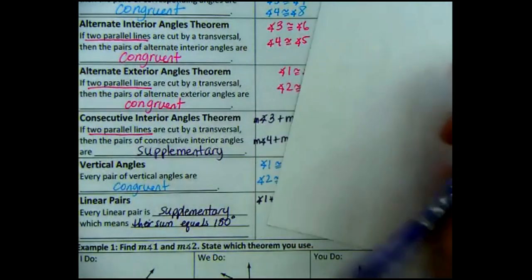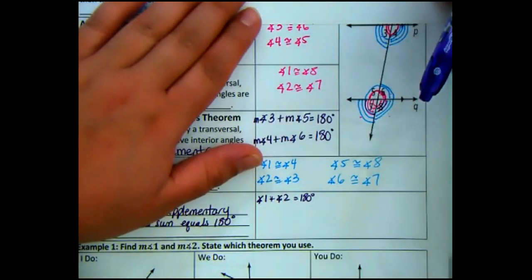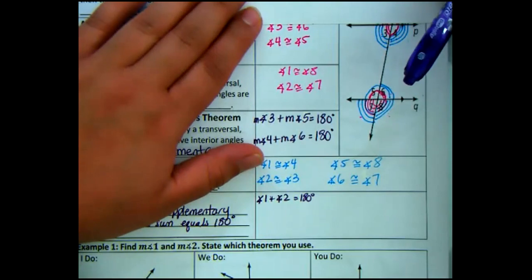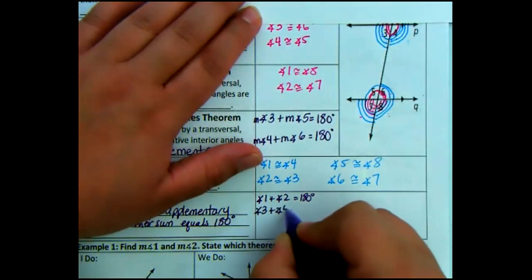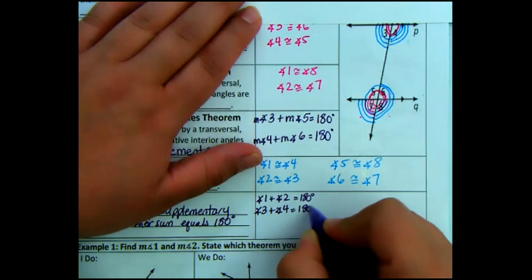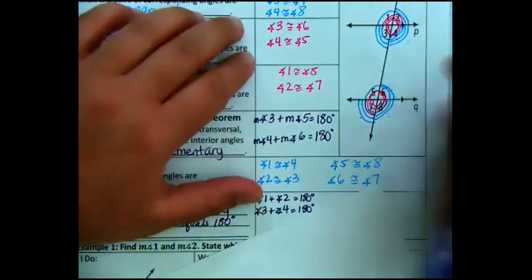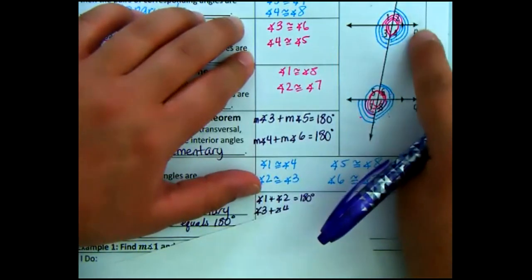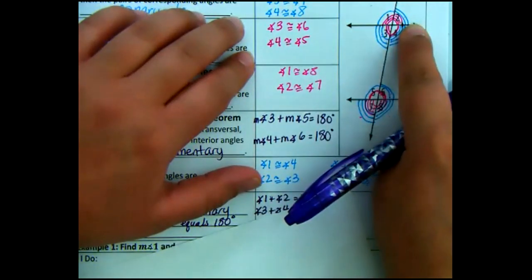It also means that down here, angle 3 and angle 4 are a linear pair. So angle 3 plus angle 4 is equal to 180 degrees. But that's not the only line. Line P here is not the only line with these angles.